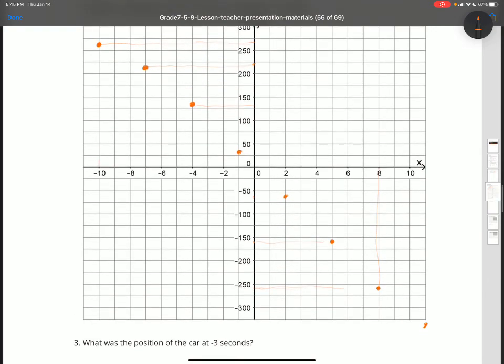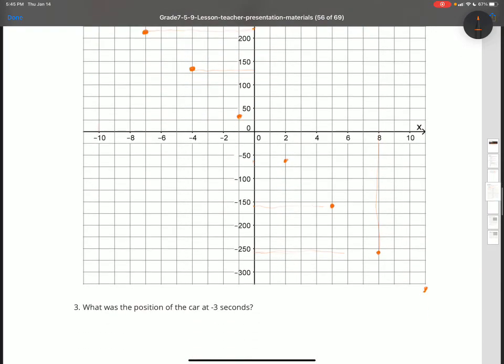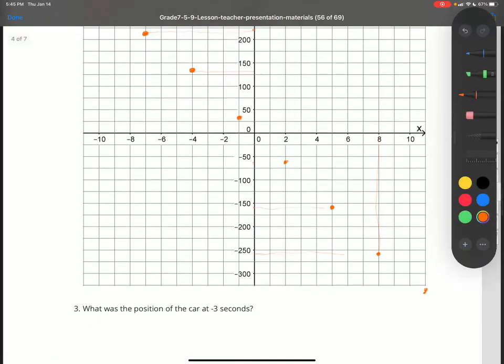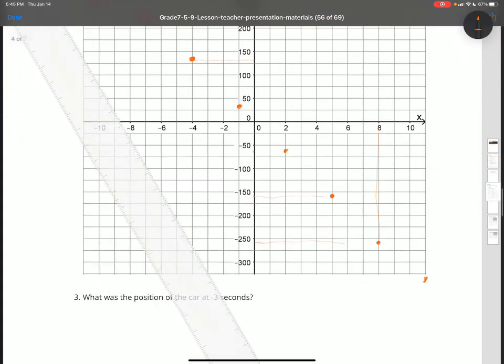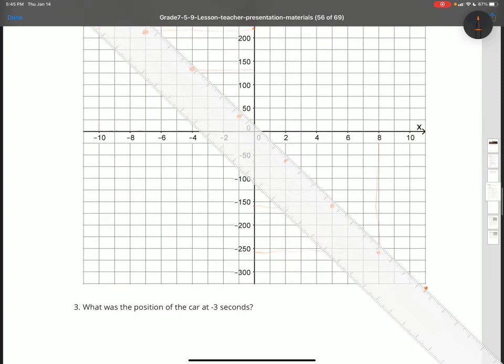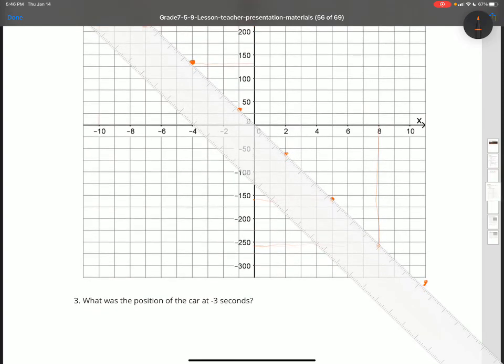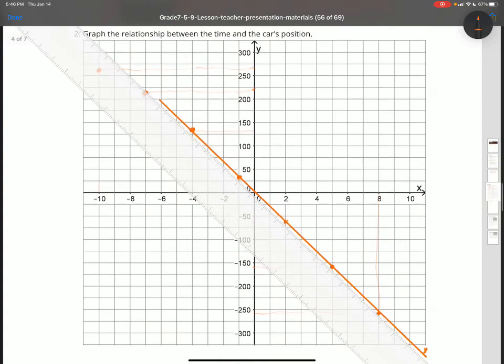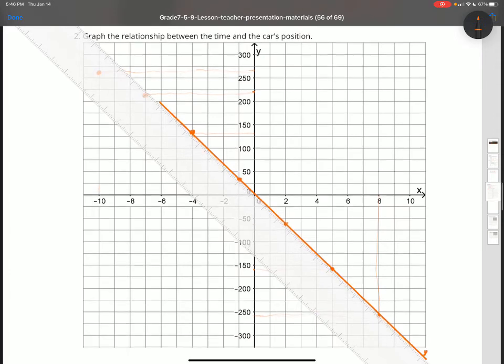It says, what is the position of the car at 3 seconds? What I could do is draw a line to help me answer this, so I'm going to connect the dots. I'm sorry if my line's not perfect.